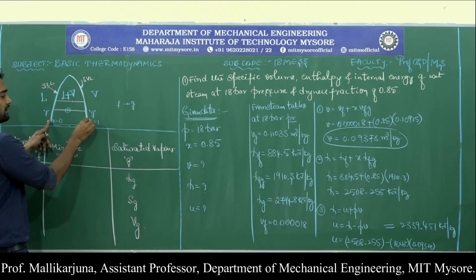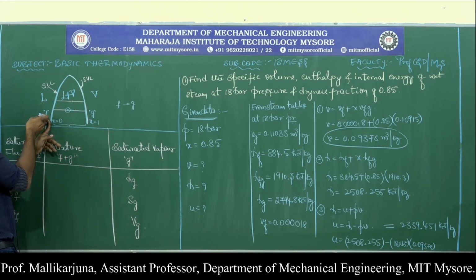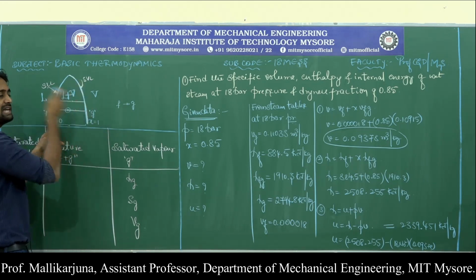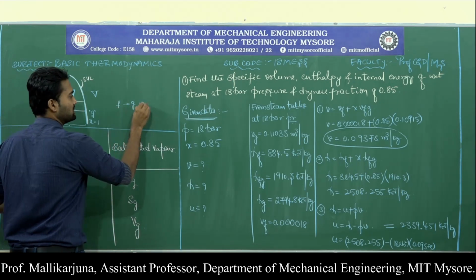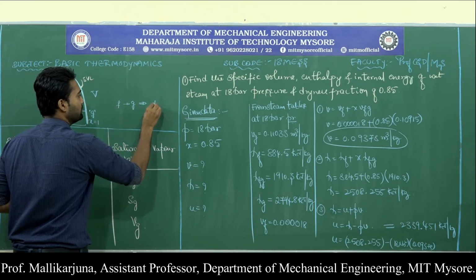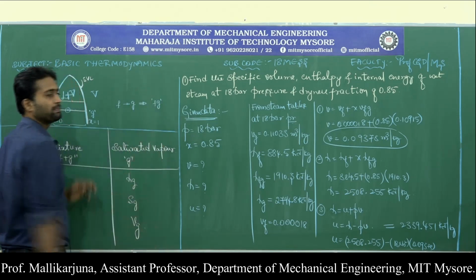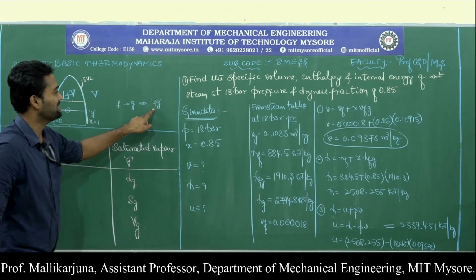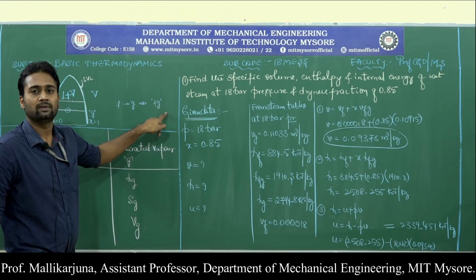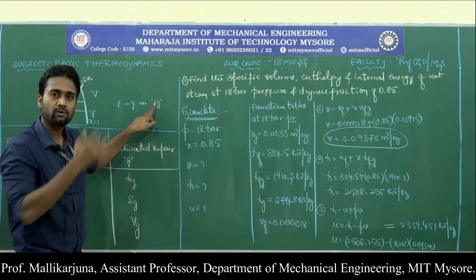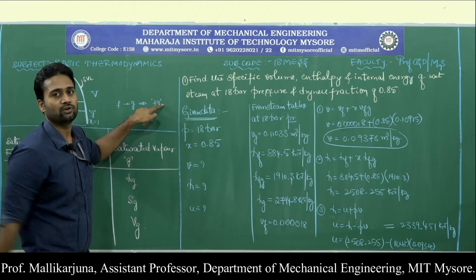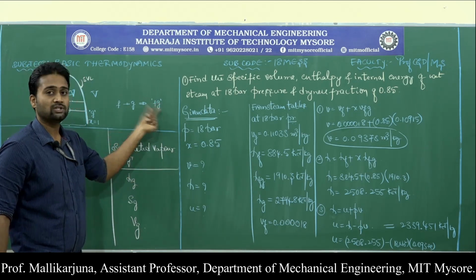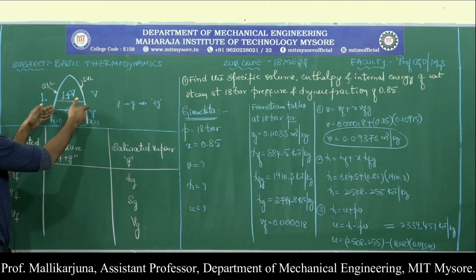To take the substance from this state, the saturated liquid state, to this state, the saturated vapor state, the amount that is required for the complete conversion from saturated fluid to saturated gas is represented by suffix fg. So, this is the notation we use from f to g.